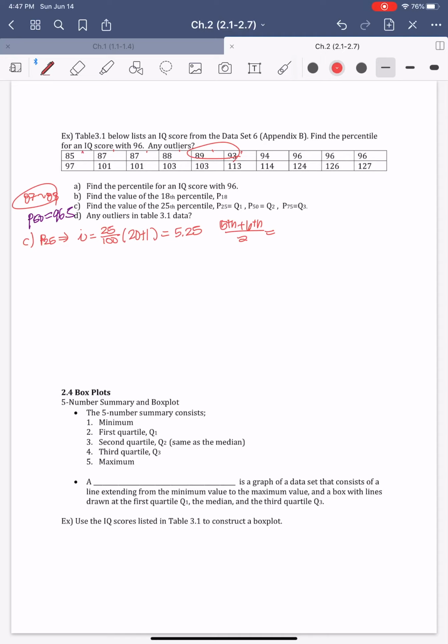These two, 89 plus 93 divided by 2, which is 91. An IQ score of 91 is in the 25th percentile. That means an IQ score of 91 separates the lowest 25% from the highest 75%.